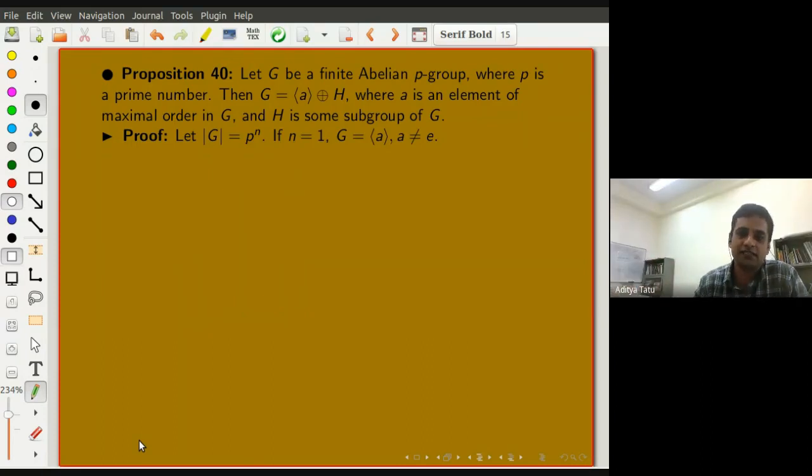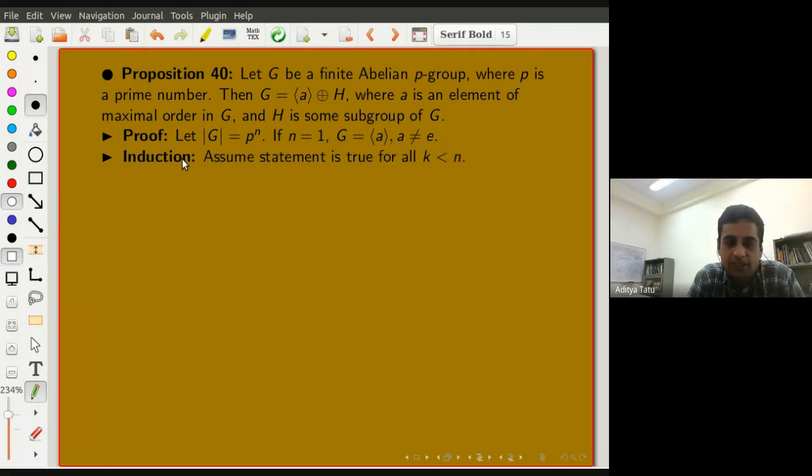So G is the subgroup generated by A, and I can write G as this direct sum, and I'm done. So let's look at the case where n is greater than 1. Here we'll be using induction.